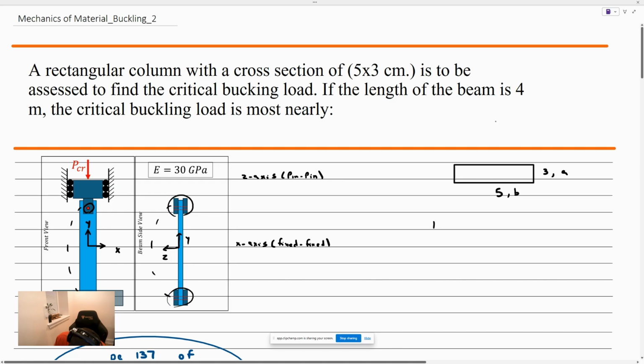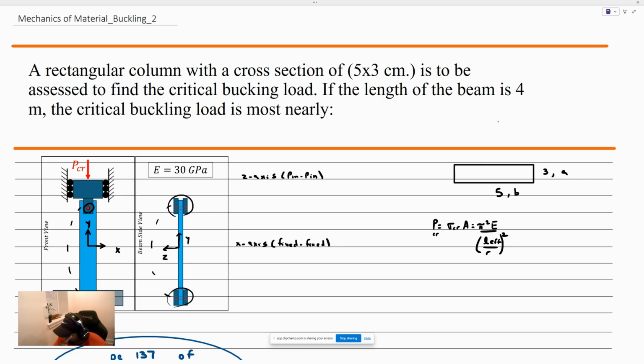So the critical buckling stress, or the critical buckling load, which is just the critical buckling stress sigma times the area, that's equal to pi squared E divided by the effective length divided by the radius of gyration, squared.